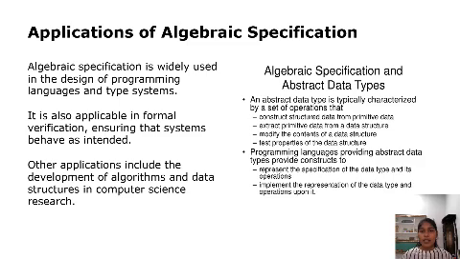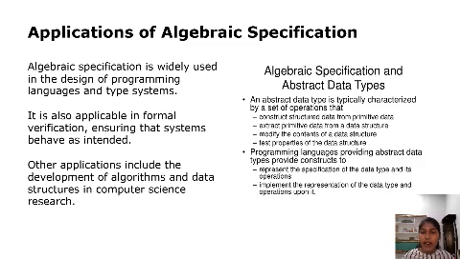Algebraic specification and abstract data types. An abstract data type is typically characterized by a set of operations that construct structured data from primitive data, extract primitive data from a data structure, modify the contents of a data structure, and test properties of the data structure.